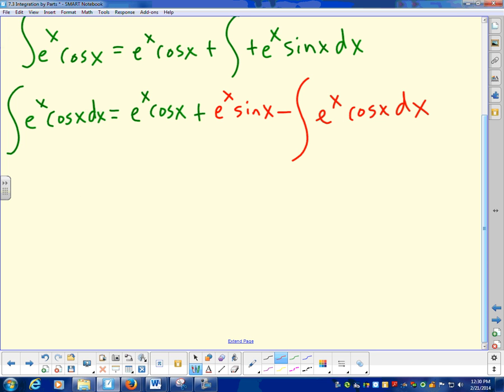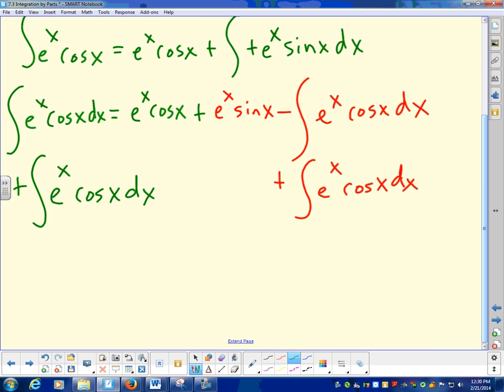So we're going to add the integral of e to the x cosine of x dx. This is one of the biggest things they're trying to focus on more with Common Core, which they are correct. It's helping students to see algebraic forms. This is just an algebraic form. It's 2 smiley face equals something.